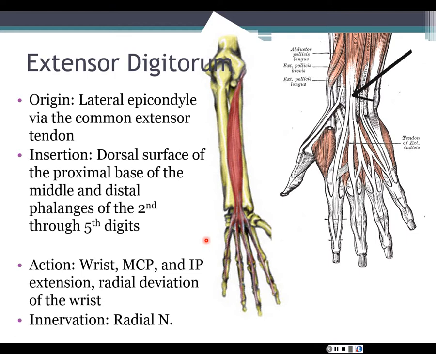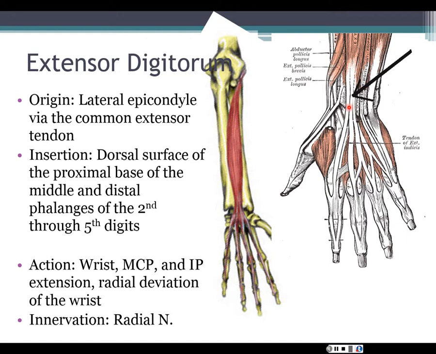The extensors are only going to have one muscle to extend all joints in the fingers. So all the interphalangeal joints and the metacarpophalangeal joints are going to be extended by just the extensor digitorum. But the insertions are relatively complex. If we look at this picture, it's basically the opposite of what the superficialis and profundus are doing.